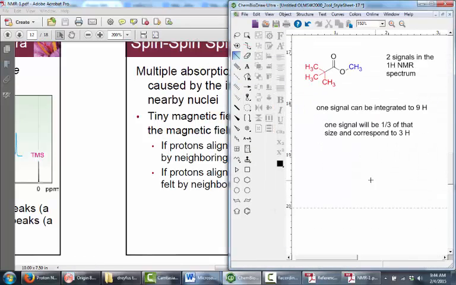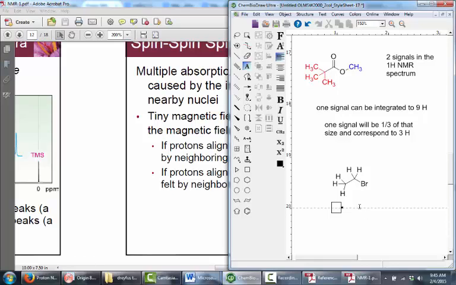Hold on, let's give it some more space. Looking at this bromoethane, and focusing in particular on these CH2s in the middle, we'll put those in too. So let's look at these CH3s at the end here. Each of these H's can be either aligned, parallel, or anti-parallel to the magnetic field.